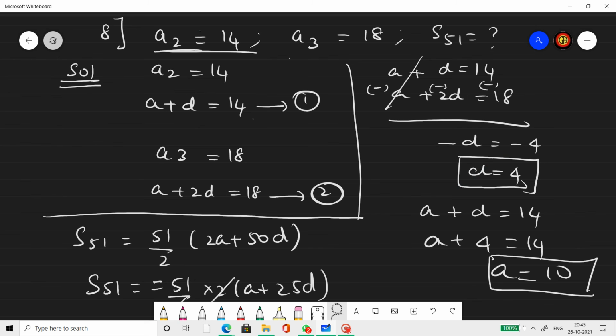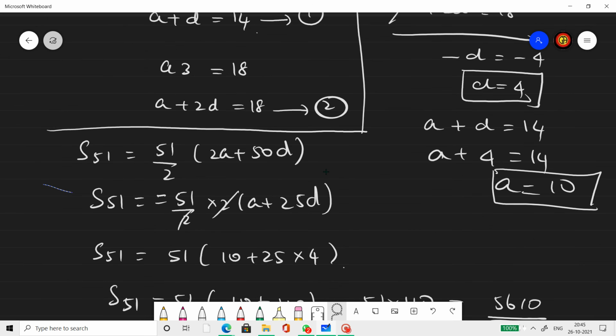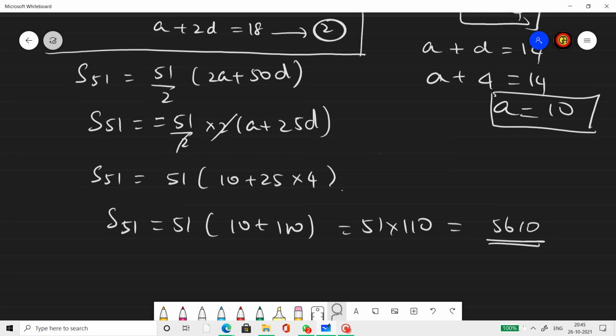Solve and find the value of A and D. Once you find A and D, find S51. S51 equals n by 2, that's 51 by 2, 2a plus 51 minus 1 into d, that's 2a plus 50d. I took 2 common out from this, cancel with the denominator. So 51 into 10 plus 25 into 4, where I'm substituting a value and d value. With this I found S51 value as 561.